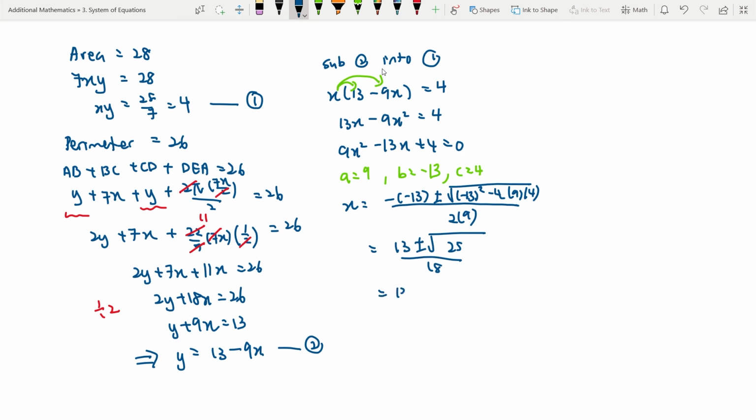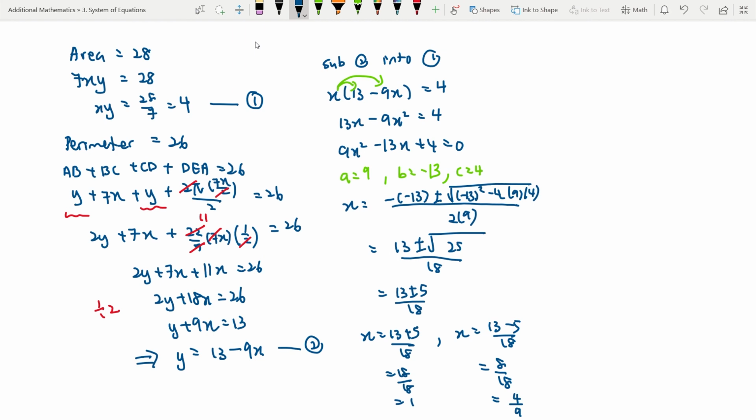That is 13 plus minus 5 over 18. Our first x value is 13 plus 5 over 18, that is 18 over 18, which is 1. And the second x value, 13 minus 5 over 18, we get 8 over 18, that is 4 over 9.